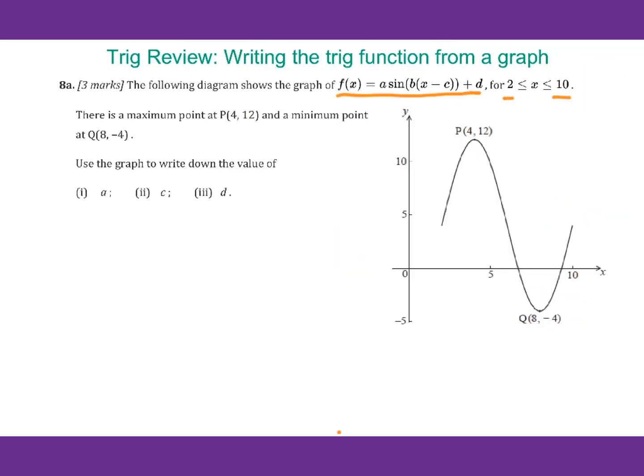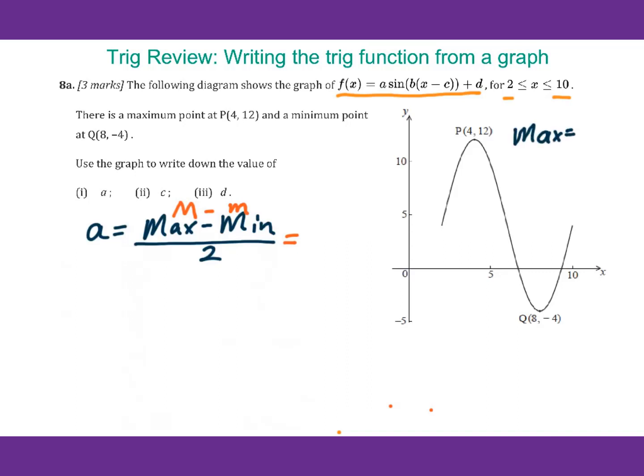Therefore, for this a, that equals maximum minus minimum over 2. Let's use capital M to stand for maximum, then lowercase m for minimum points. From the given graph, we can figure out the maximum point is 12 and the minimum point equals -4.